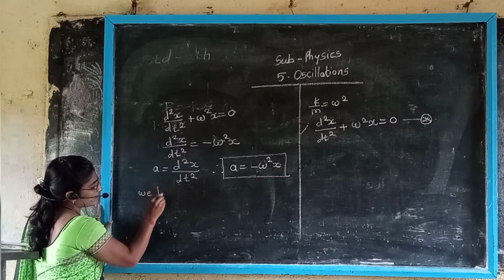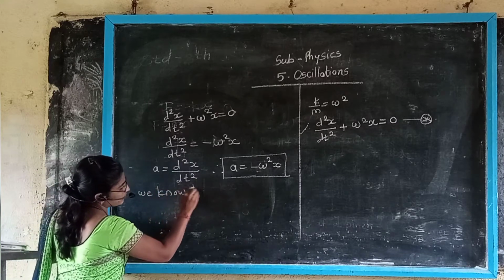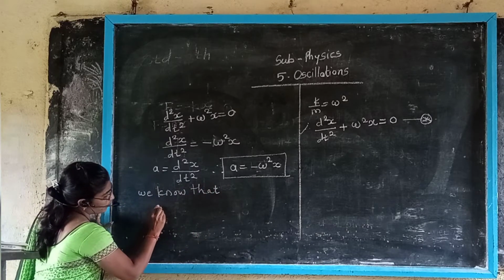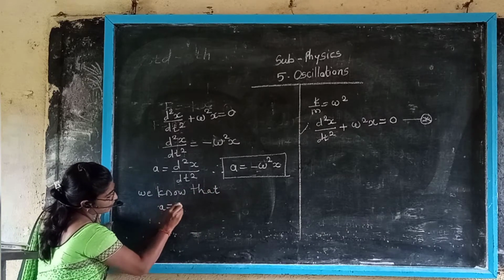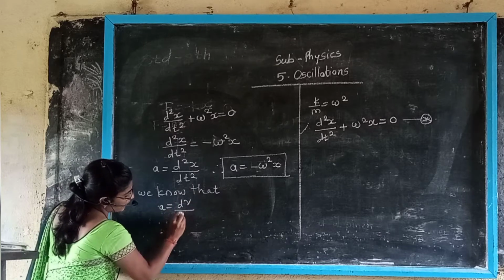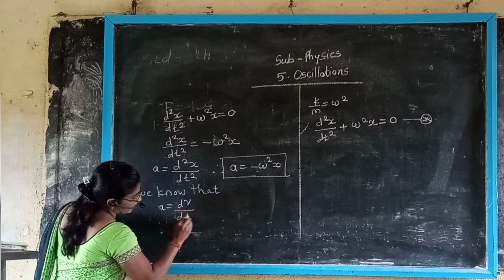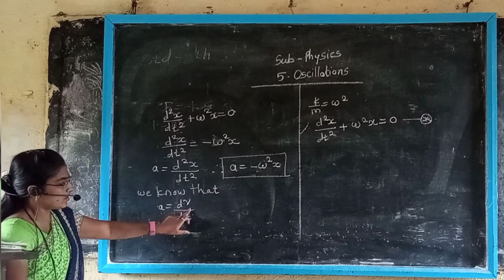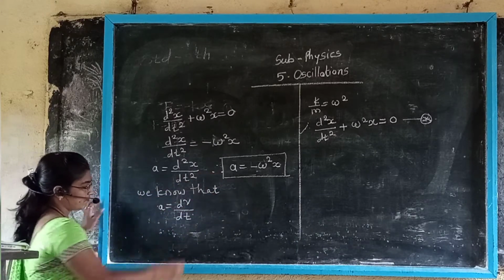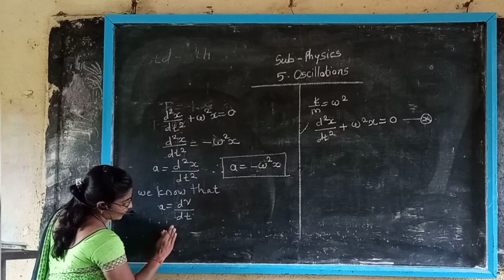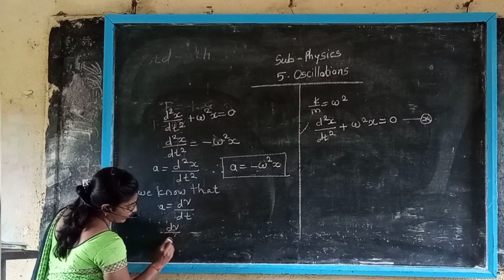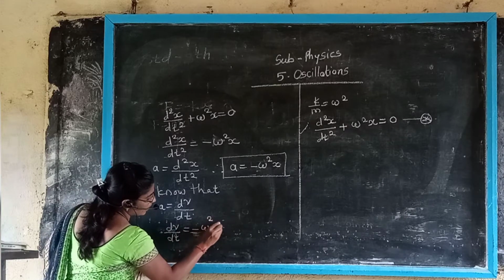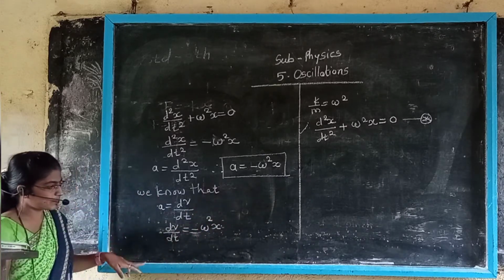We know that acceleration is equal to dv by dt. Therefore, we get dv by dt is equal to minus omega square x.